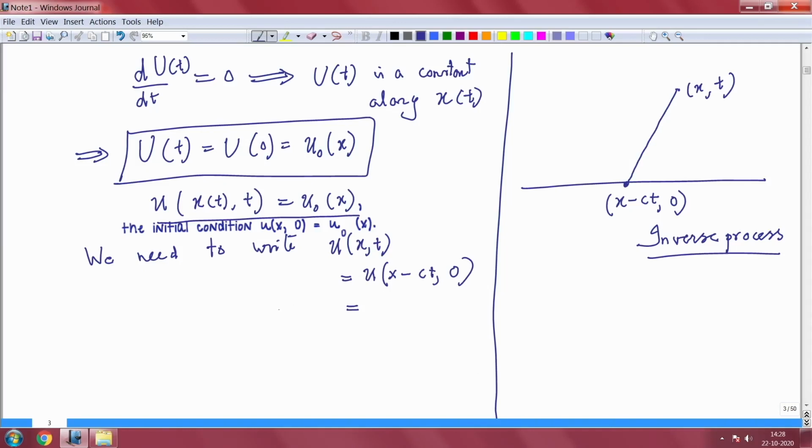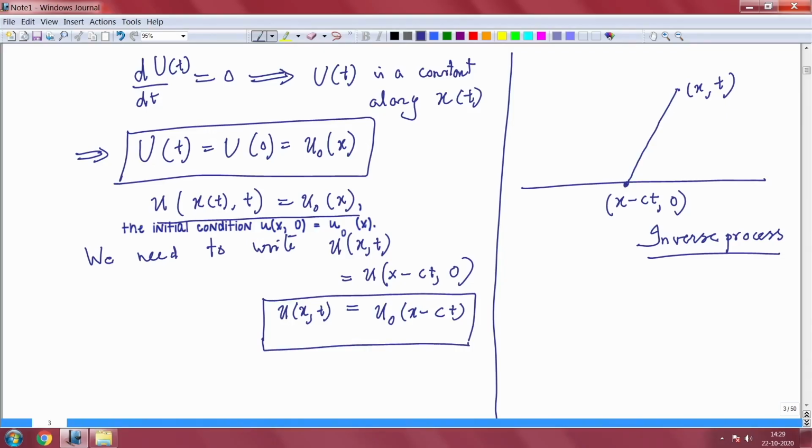You get u(x, t) finally equal to u naught of (x minus c t). That is a very nice example. If u naught is twice continuously differentiable, you can verify that u(x, t) is indeed a solution. So, what is happening here?